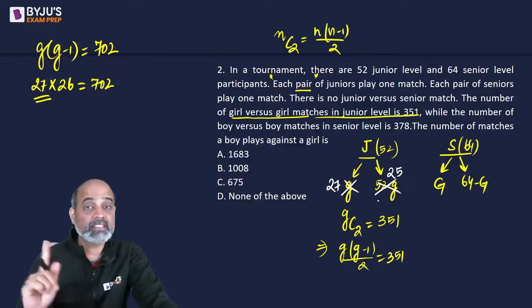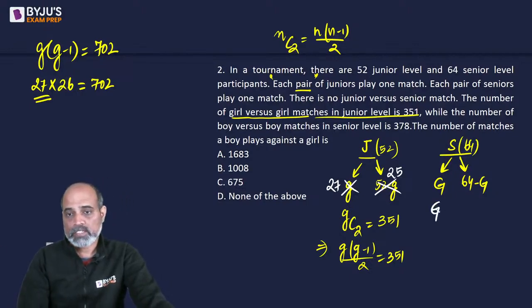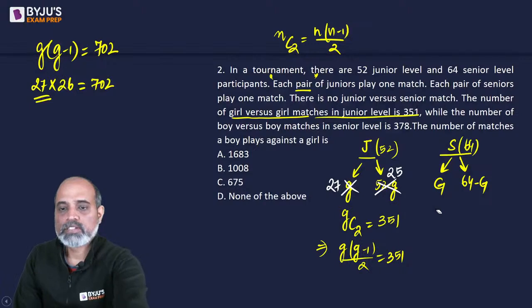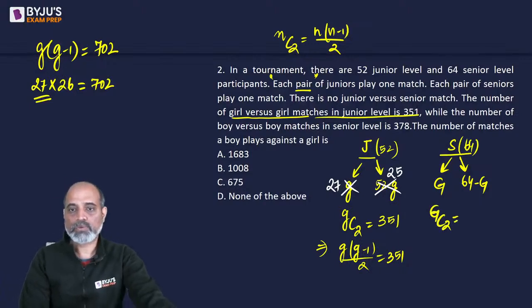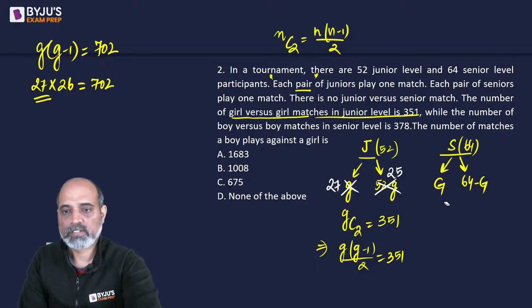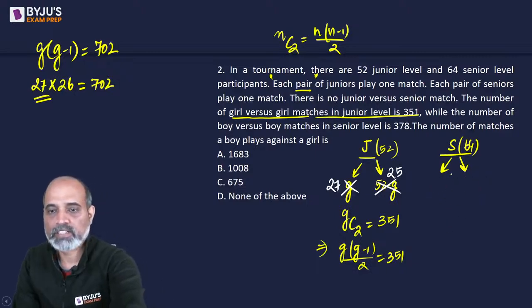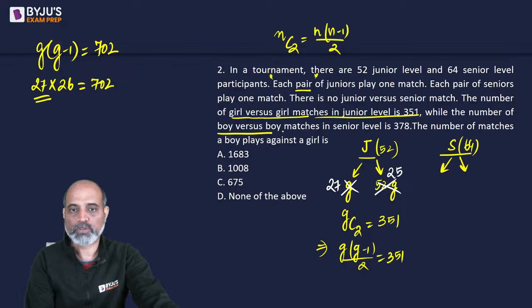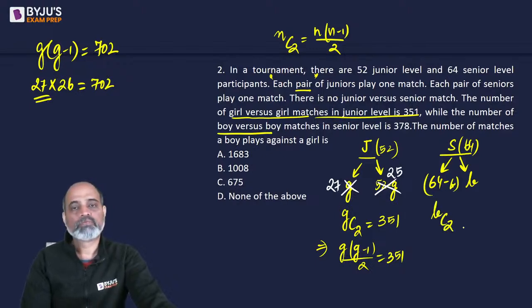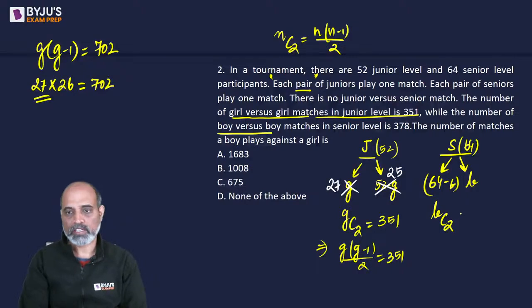Now let's look at the senior ones. Same logic. Capital GC2 is given as, okay, sorry. Let's take it otherwise. It says boy versus boy. So let's say the number of boys is B, so the number of girls will be 64 minus B. So here BC2, the matches between boy and boy, is given as 378.